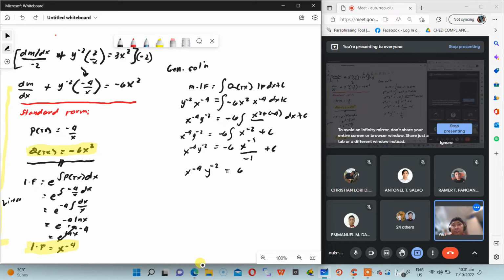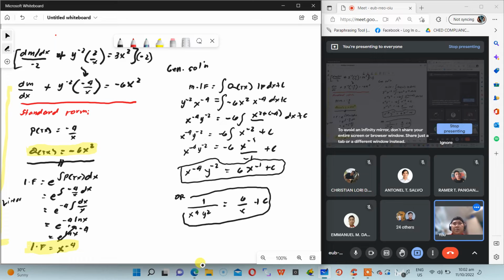Or you could write it like that, plus c. You could have this one, or 1 over x raised to the power 4, y raised to the power 2 equals 6 over x plus c. This will be your general solution.